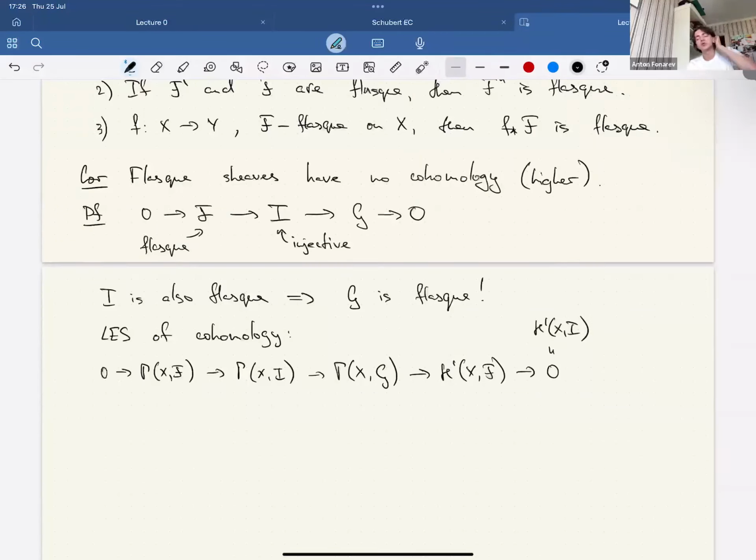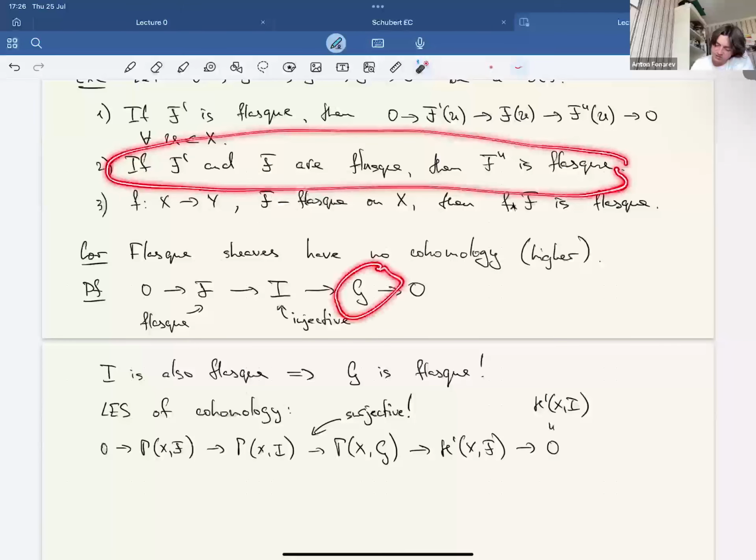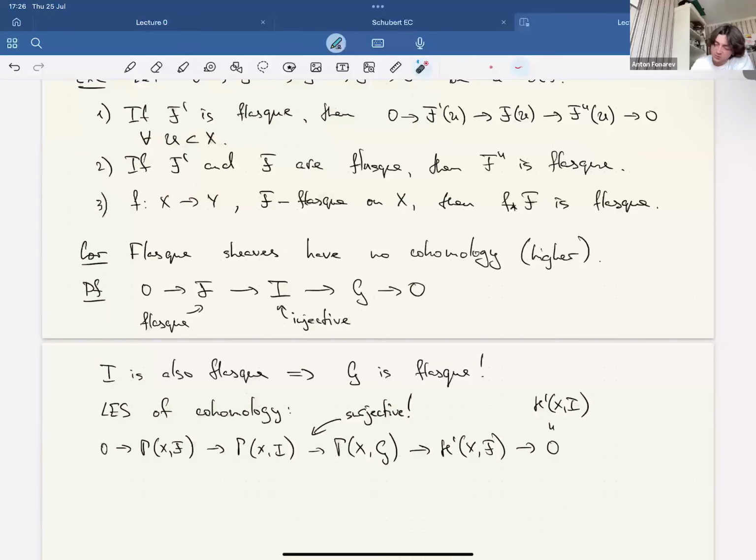We can compute its cohomology using itself as a resolution, and it's only a one-term resolution if you wish. But now this map is surjective. Why is it surjective? It's surjective by one of our previous exercises, the first part, saying that the global sections are exact. So since this is surjective and the sequence must be exact, it implies that H1 is 0.